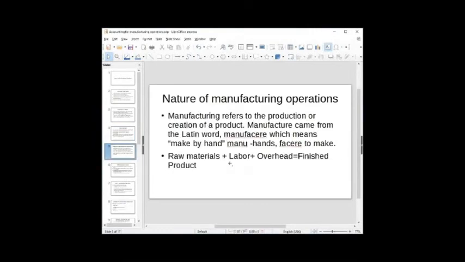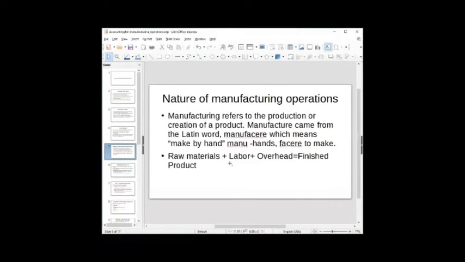So what is the nature of these manufacturing operations? Manufacturing refers to the production or creation of a product. Manufacture came from the Latin word manufacere, which means made by hand.